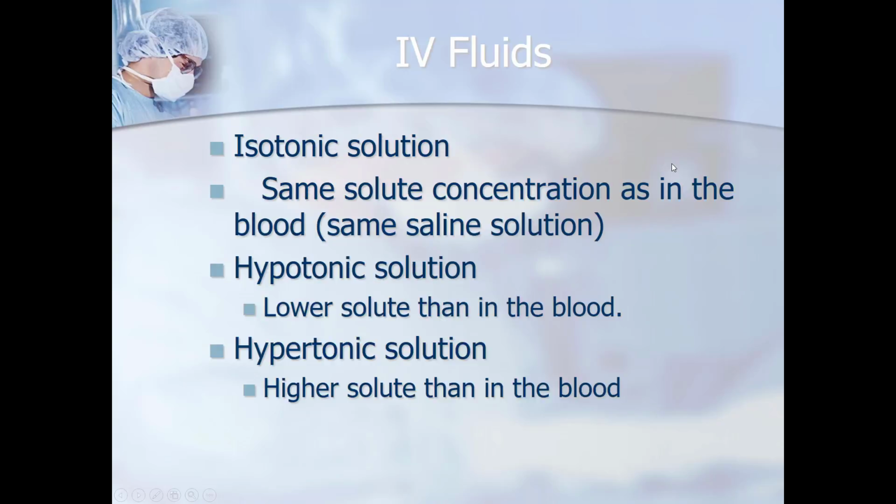So let's talk about fluids a little bit. So you guys all remember from A&P and pathophysiology, we have different kinds of fluids. So isotonic fluid, as you recall, is fluid that's the same as in the blood. So we put an IV in a patient, an isotonic fluid, we know that that fluid, since it's the very same as blood, it'll stay in the intravascular system.